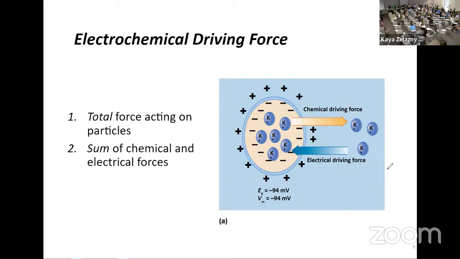I'm telling you that just because there's one more number on here, and we'll talk about it in a separate slide. When you see this EK number, it's essentially telling you what charge potassium wants the inside of the cell to be. It wants it to be negative 94, so it actually doesn't really want to move in any direction at all because the cell's already at negative 94.